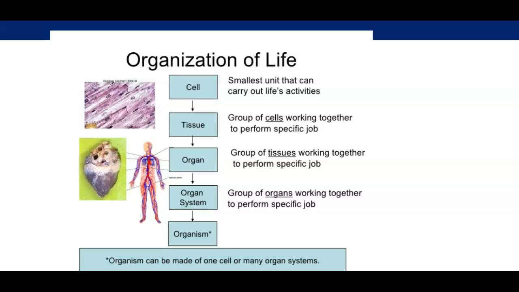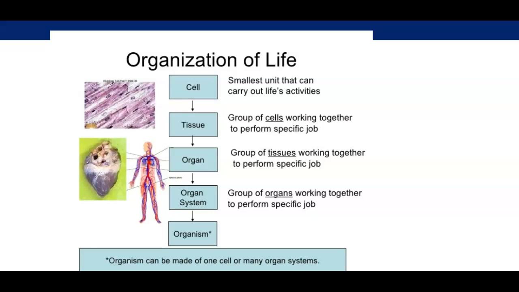Now, if you put a variety of tissues together, for instance, your blood vessels have got different layers of tissues in it. You're going to start to put that together along with your heart cells. And you're going to get together a heart, which is an organ, and then your other organs, for instance, a pancreas, a stomach, a liver.